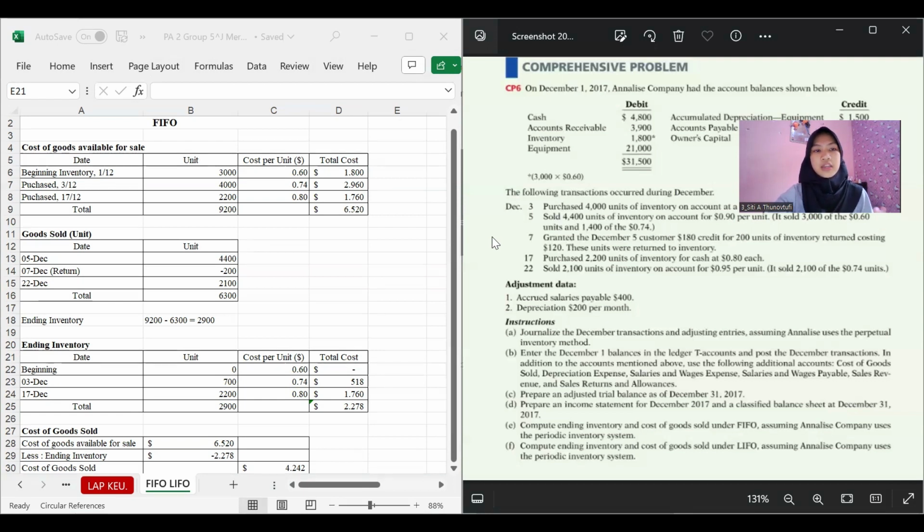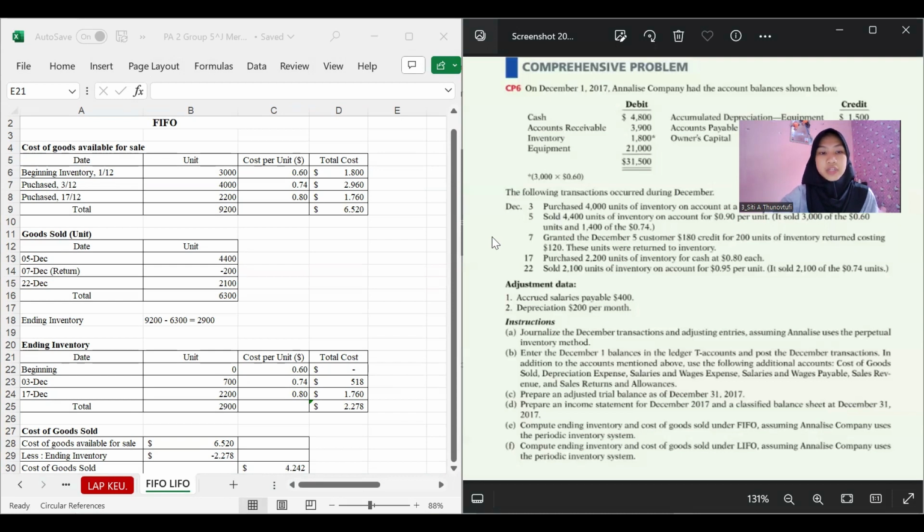Then after looking for the cost of goods available for sale, we look for goods sold. On December 5th, the company sold 4,000 units of goods. Then on December 7th, 200 items were returned. On December 22nd, the company sold 2,100 units of goods, so the total of goods sold is 6,300.